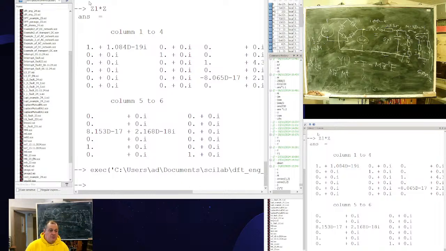I will reuse my code, but I will get a vector of voltages per frequency. Let's check what will happen.